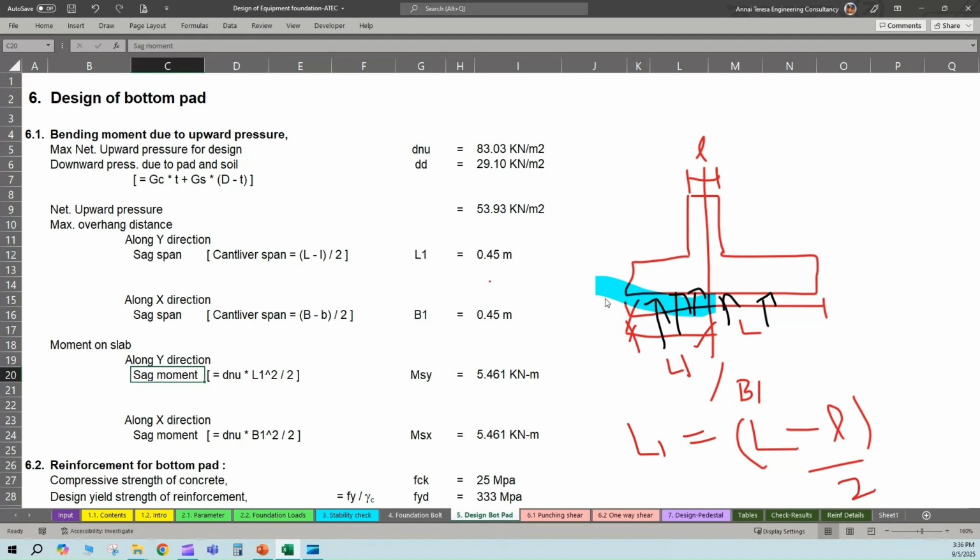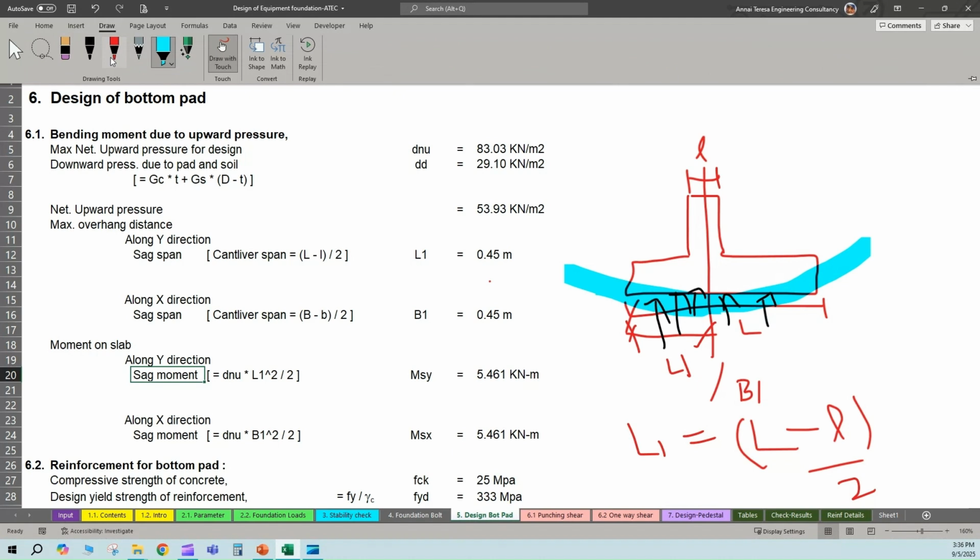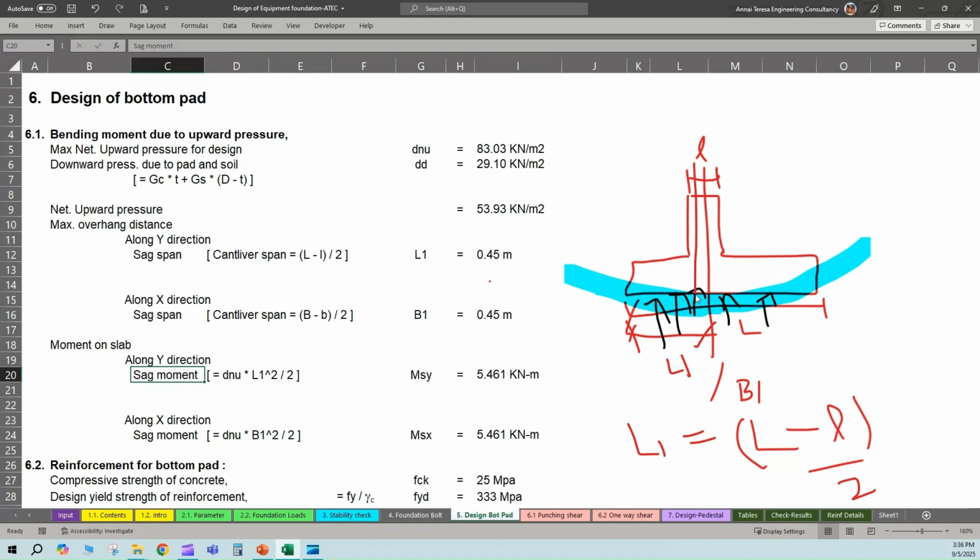So this will form a sag moment because of the vertical column which is placed over the bottom slab. As there is a slab here, the bending moment will be like this. So this we are calling a sag shape. So that is why we call this a sag bending moment.